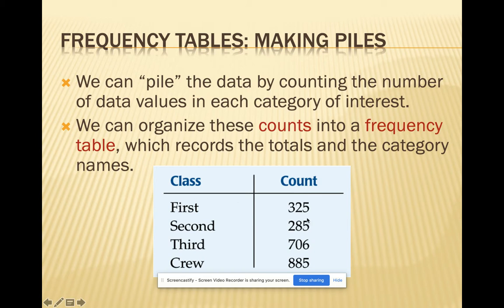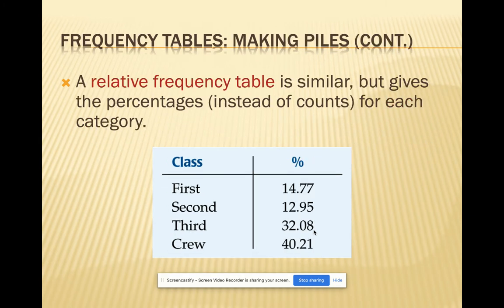There were 325 first class tickets, 285 second class tickets sold, so 285 second class patrons, and then 706 in third class, and 885 people in the crew.